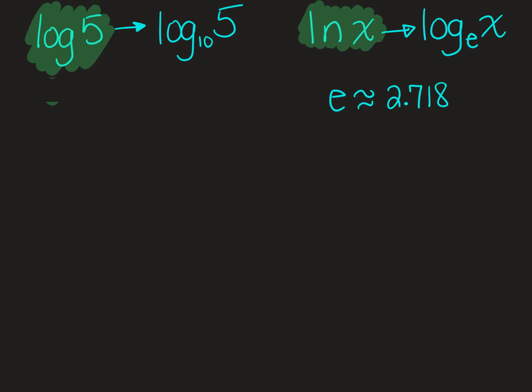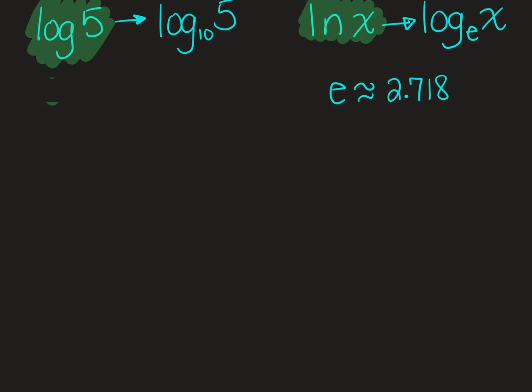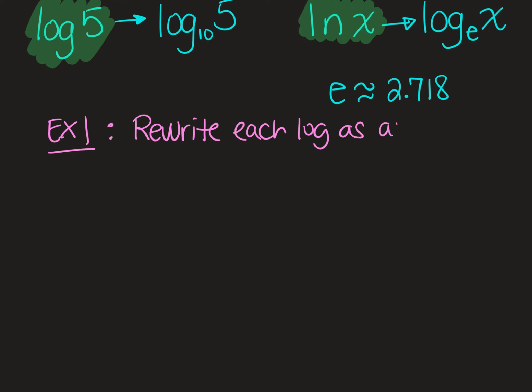So let's talk about how we can do some of this. Our first example is going to be: let's rewrite each logarithm as an exponent. I'm going to abbreviate logarithms most of the time as just log. It's just a little bit easier.